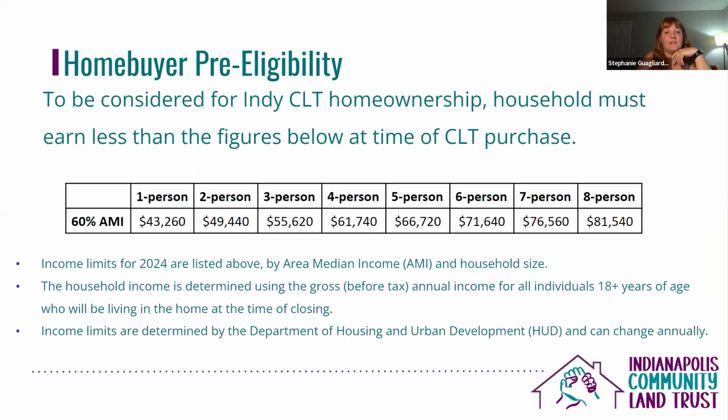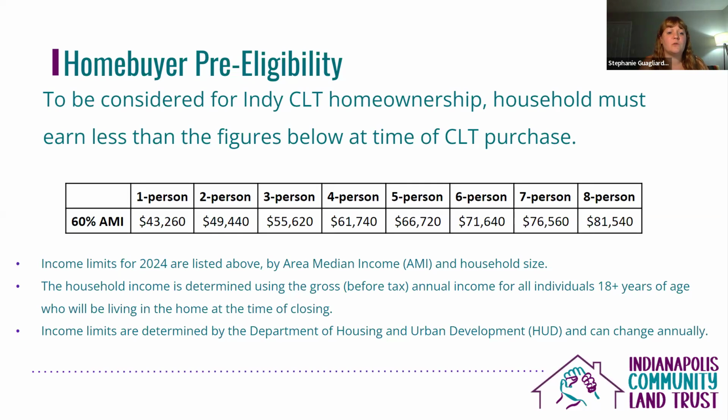Thank you, Alvin. In order to be pre-eligible and considered for CLT homeownership, you and everyone in your house must collectively earn less than 60% of the area median income here in Indy, which is less than the figures you see here below at the time of closing on the CLT home. For example, for a one-person household, that's a maximum of $43,260 a year.